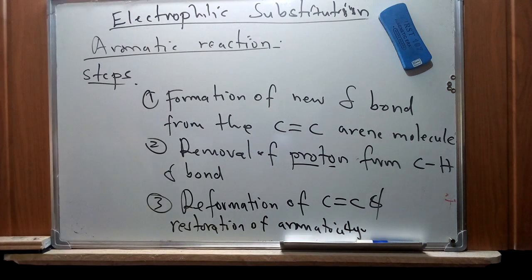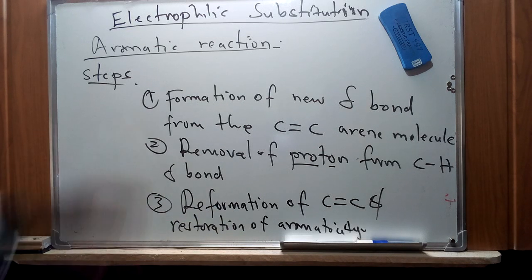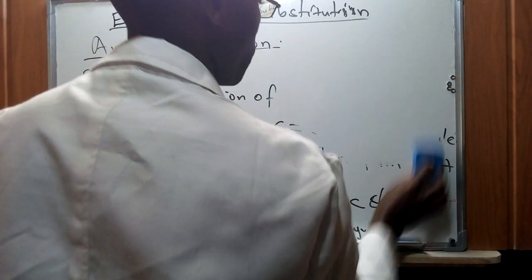So of course, we're going to see that the concept of aromaticity and stability of these aromatic molecules is going to be dictated by that restoration of aromaticity that we talked about in our last step. So these are the major steps that we're going to look at, and we shall give a demonstration for this kind of reaction.